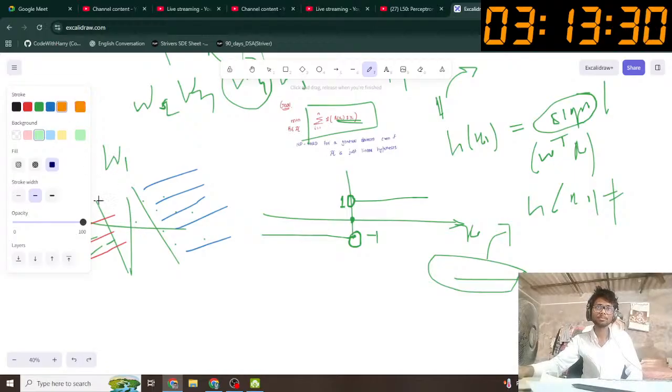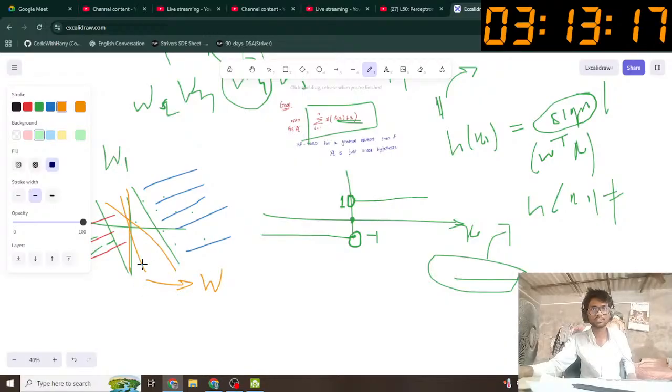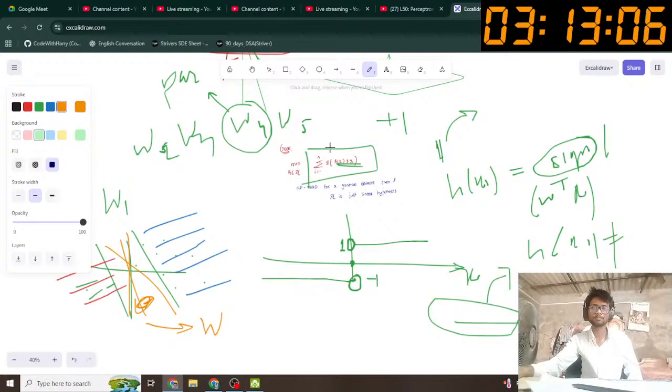And there could be multiple such W's, and we have to find that W which minimizes the loss. Let's say this is the linear separator which minimizes the loss. So we need to figure out this W. That's all this expression is saying. Nothing more.